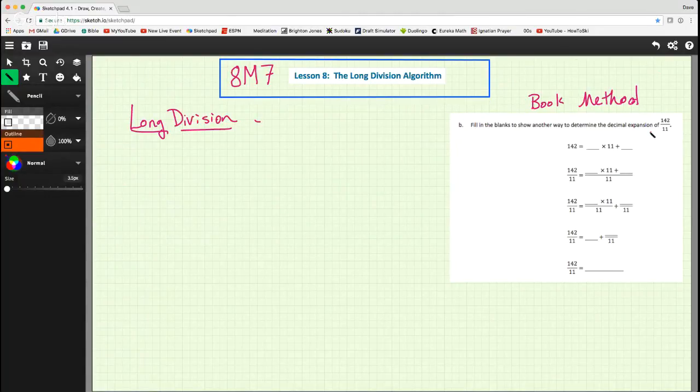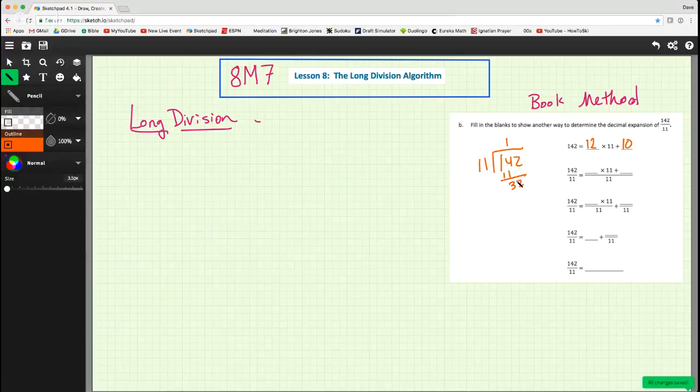So you have an example here where they show you how to convert 142 over 11 into a whole part and a fractional part, and you do kind of this crazy stuff where you try and find the biggest number that divides into 142 that can be multiplied by the denominator, and then you find this other number over here, 10. But the way you have to do it is you have to say, well, what's 142 divided by 11? And then you end up with a 1, 11, 32.